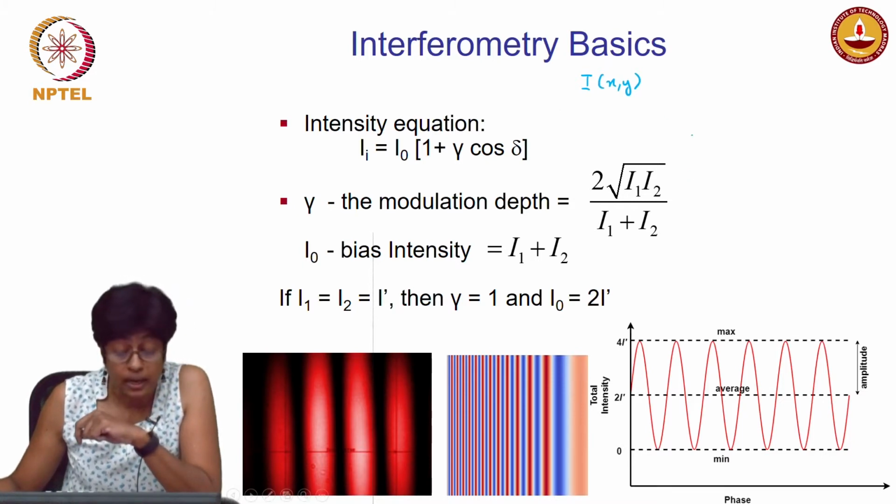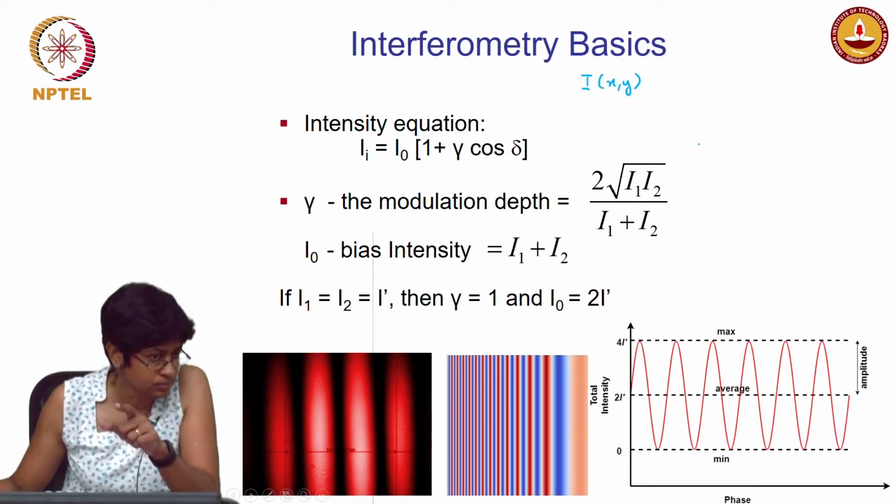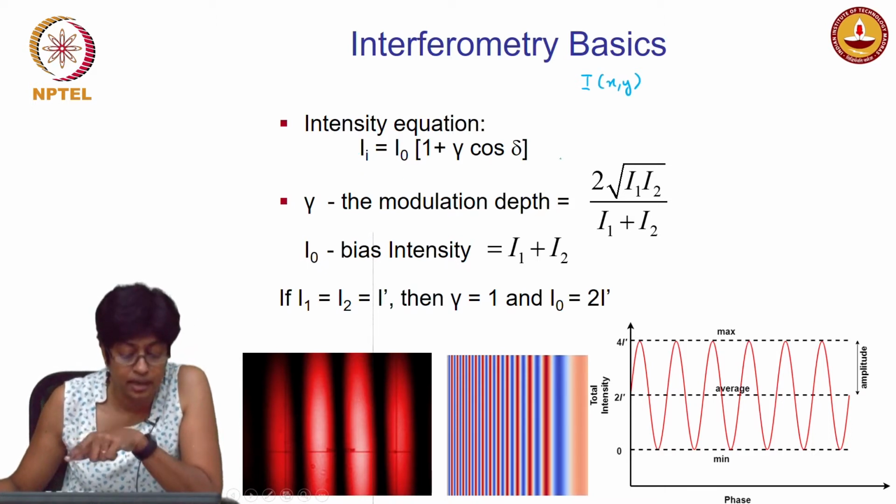Okay? So I do not know I1 and I2. I do not know delta. That's the phase difference between these two beams. All I know, and I know this because I can measure this with a detector, is this I here. So buried in this is I naught, gamma and delta. And I naught and gamma are functions of the intensities of the independent beams.